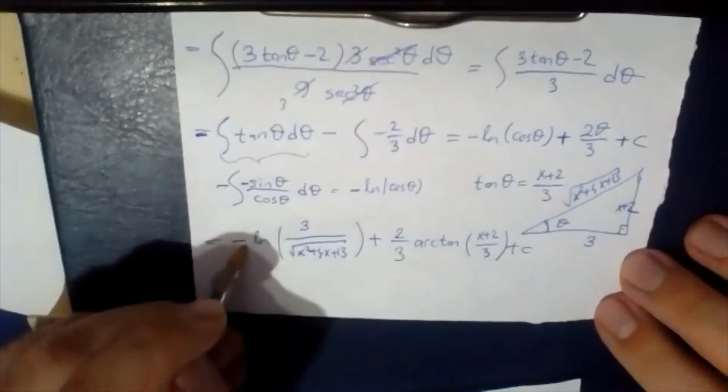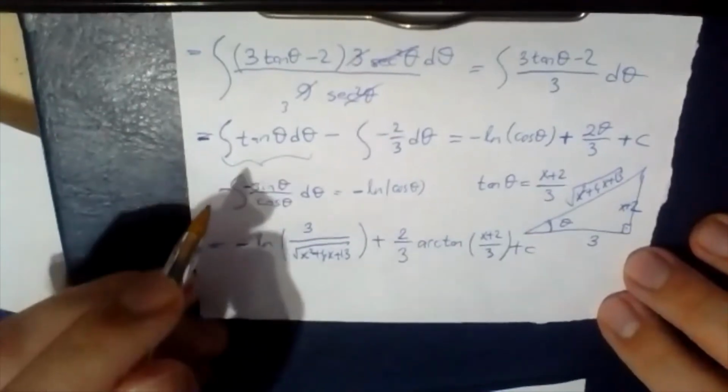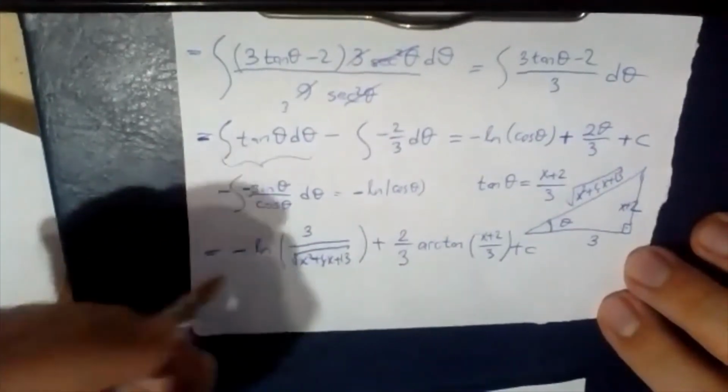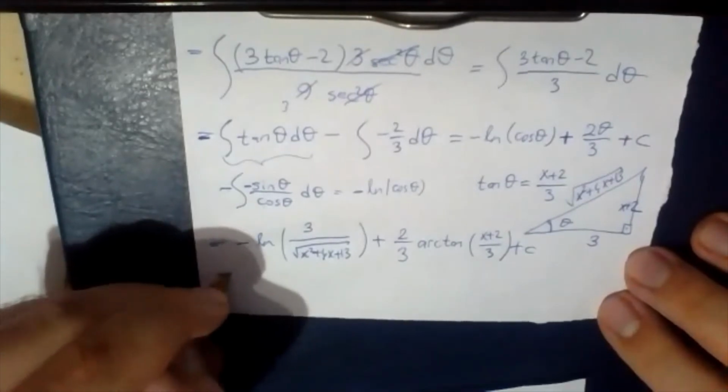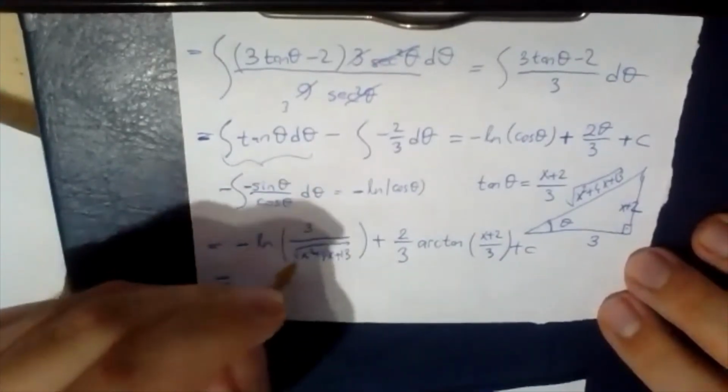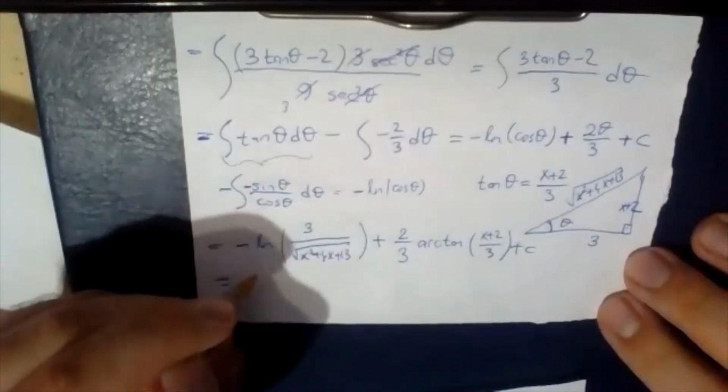Or since there is a negative sign on ln, we can take this minus 1 inside of ln as the power of minus 1.